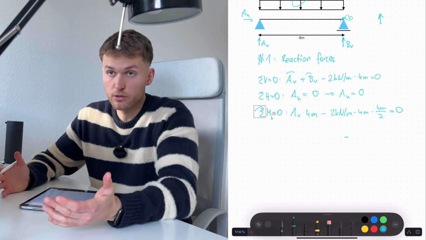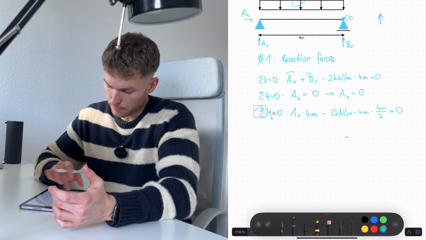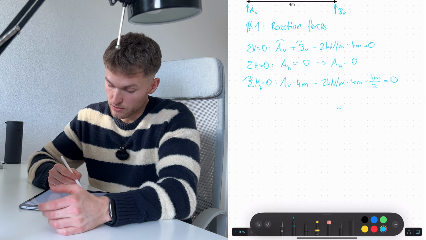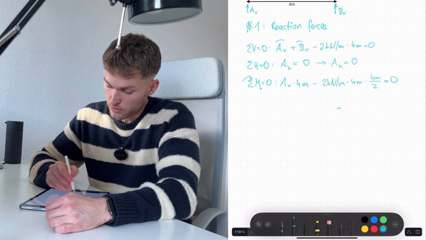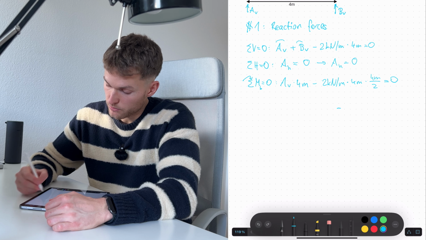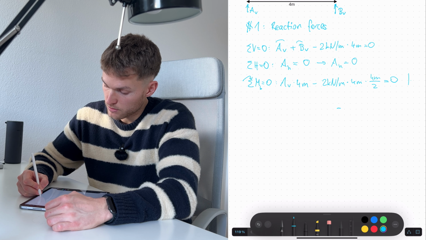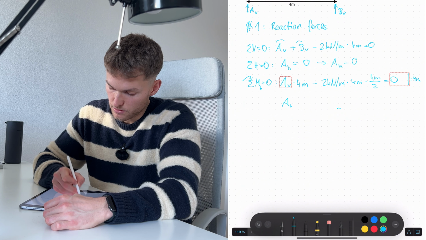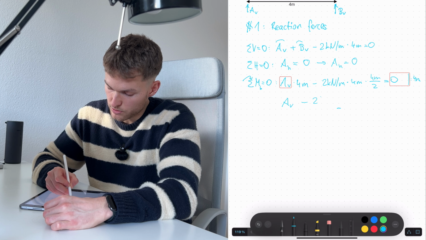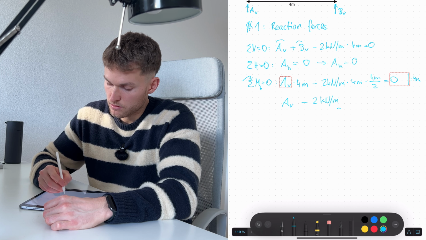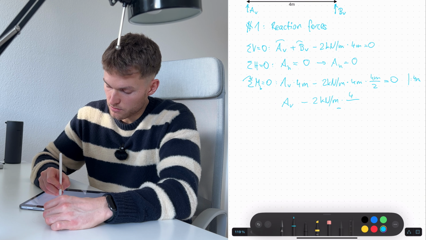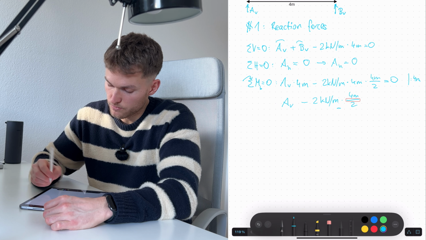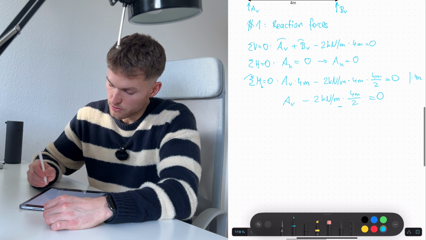And now we can see we only have one unknown, and that is AV. So we can solve that for AV. We divide that by 4 meters. So then we have AV minus 2 kilonewton per meter times 4 meter divided by 2 equals 0.